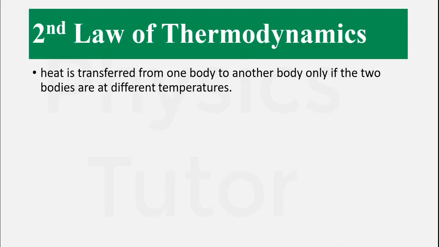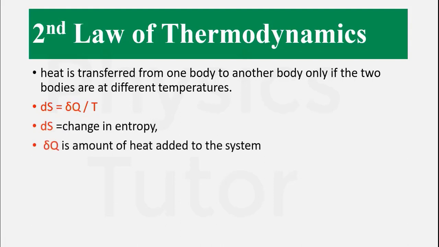To describe the second law mathematically, we show an equation. Here dS is the change in entropy, delta Q shows the heat and T is the temperature. So entropy, heat and temperature are the basic constituents of the second law of thermodynamics.